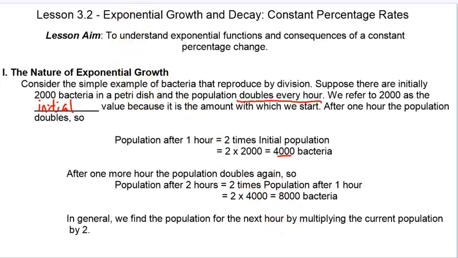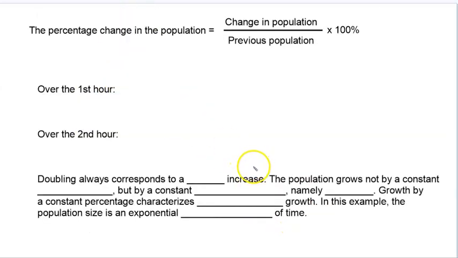That's pretty basic. So the percentage change, just to show you how exponential functions represent a percentage change in the data over the course of the entire data set. So using our first example, the percentage change over the first hour, well, we ended with 4,000. We began with 2,000.